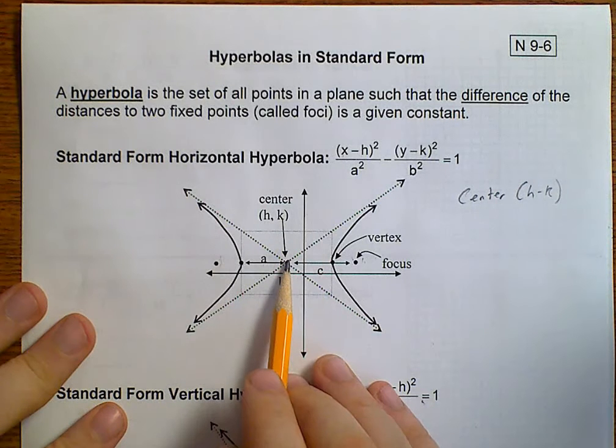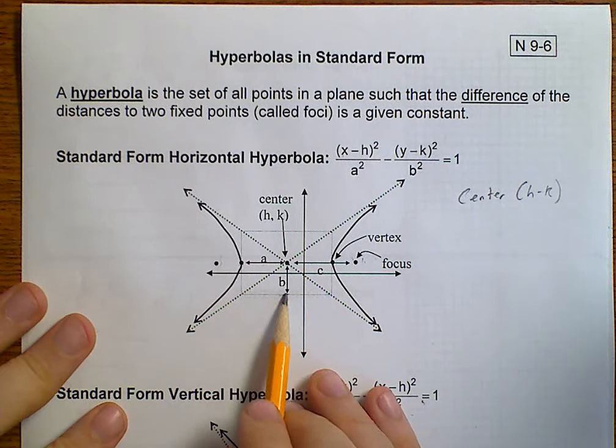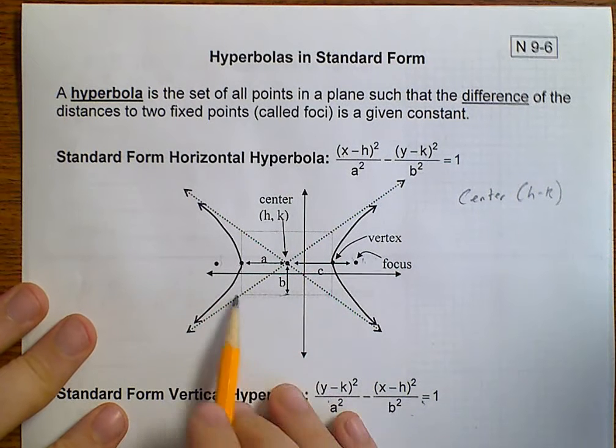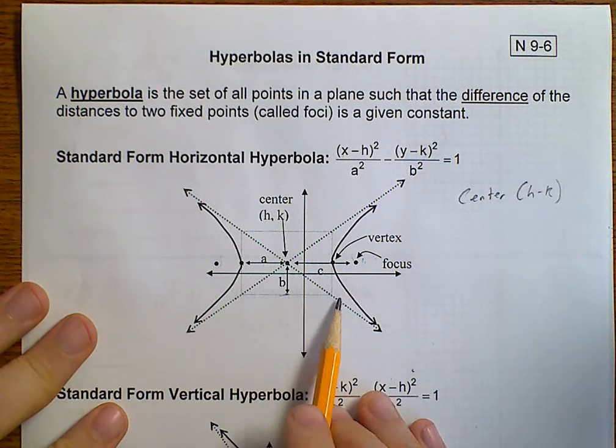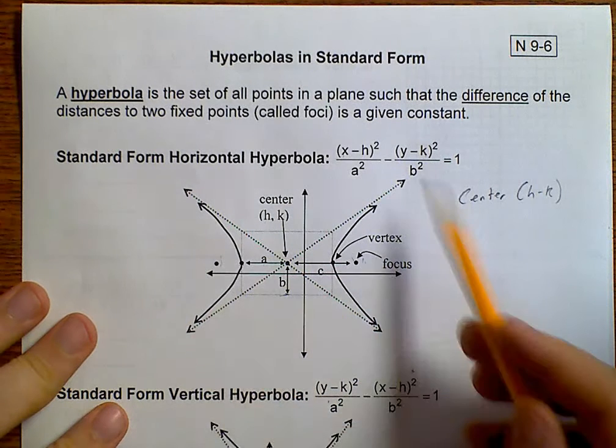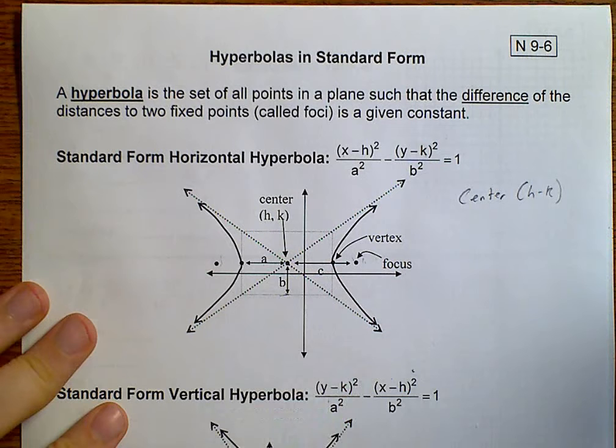And then we've got b, which is from the center to an outside line. If you'll notice, we've got kind of a box going right here. The diagonals of our center box become asymptotes for our graphs.